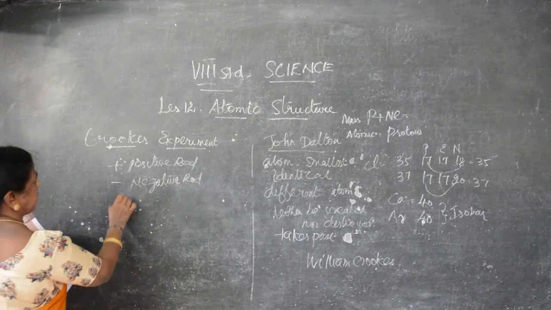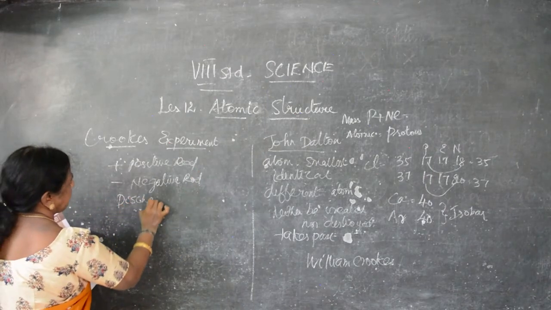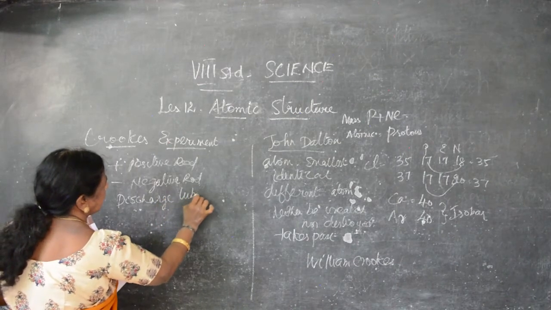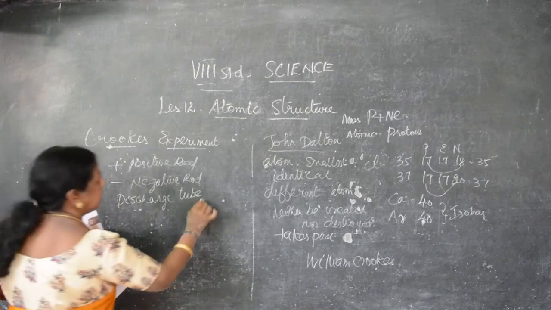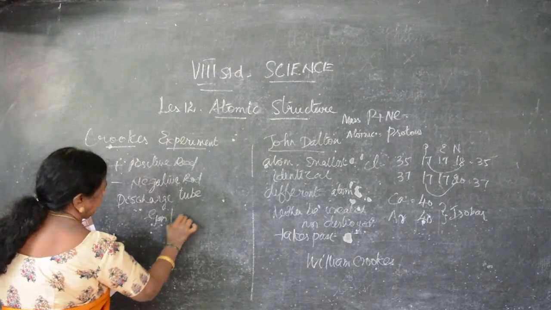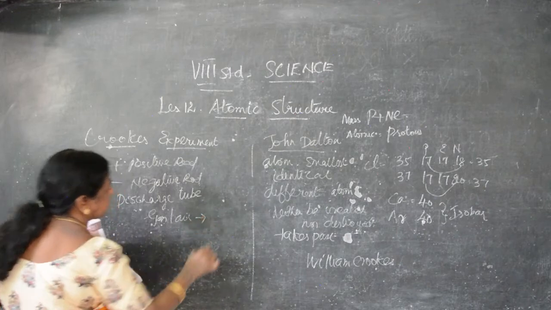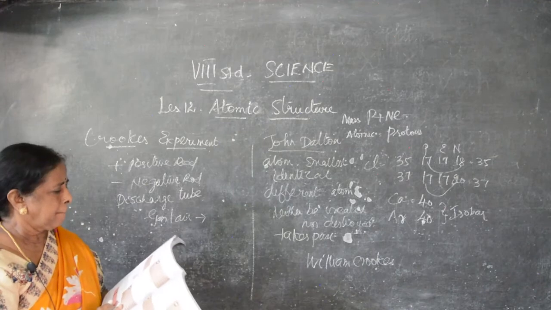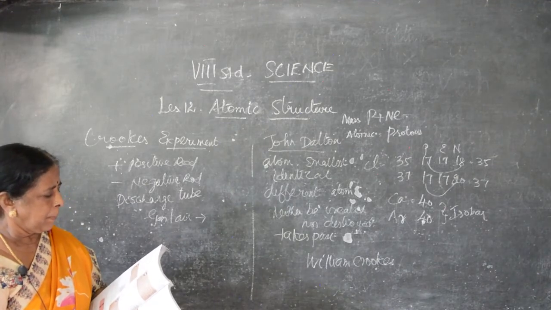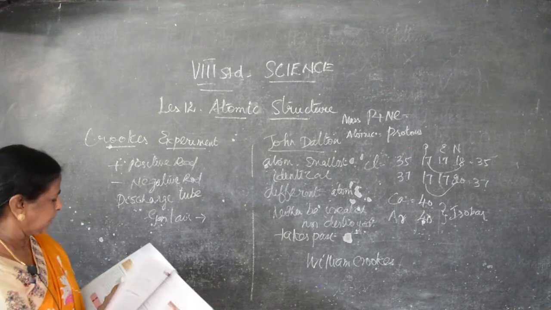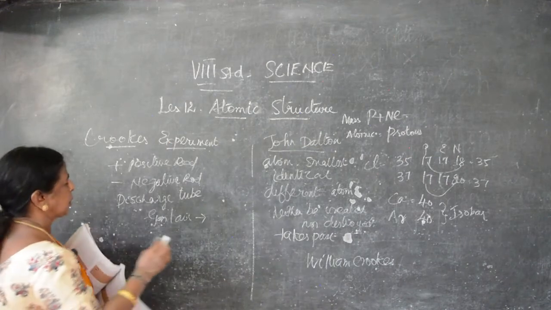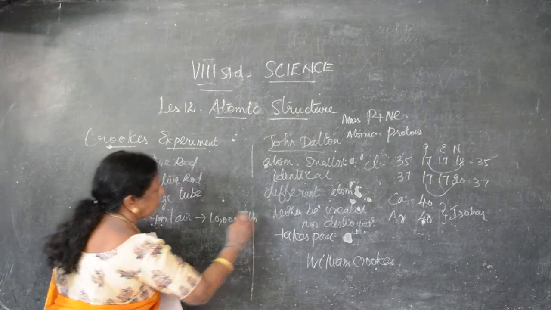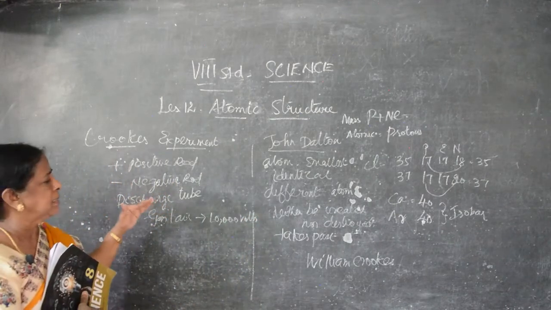He is taking a discharge tube, filled with gas or air, and it is connected with a battery, 10,000 volts. 10,000 volts of electricity is supplied here.